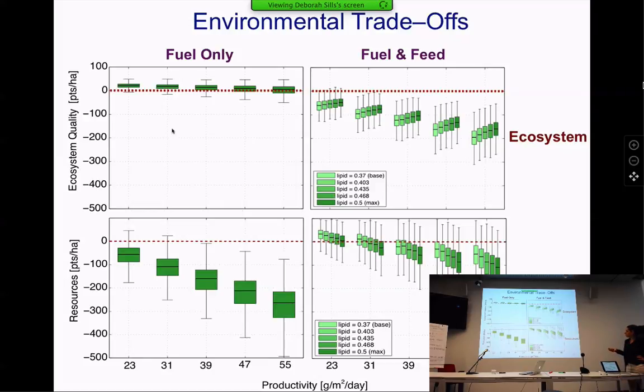For the resources with the fuel and feed, we don't really see something, maybe at 47, I don't know, at 39, maybe 75% of our results were good. And what you're seeing with the different colors is increasing the oil content of the algae. That didn't matter for the fuel only. I mean, maybe it does matter, but we couldn't model it. What we didn't model here is the quality of the oil for the upgrading process. The quality of oil actually matters, but we didn't have data for that.